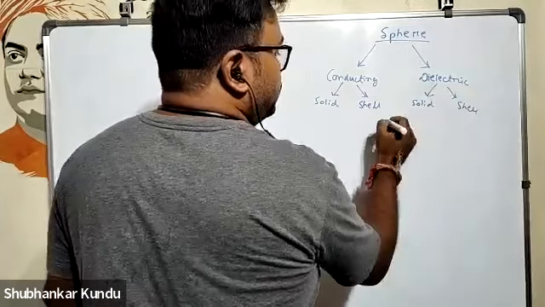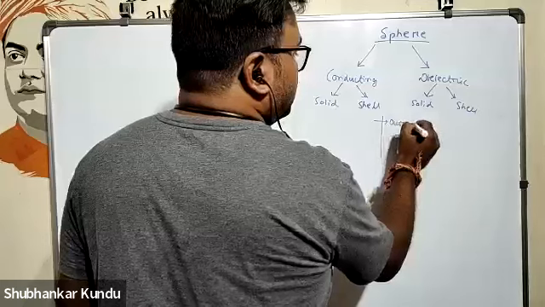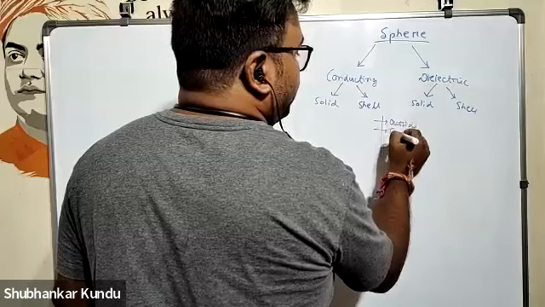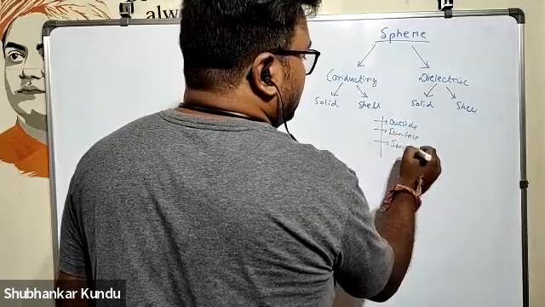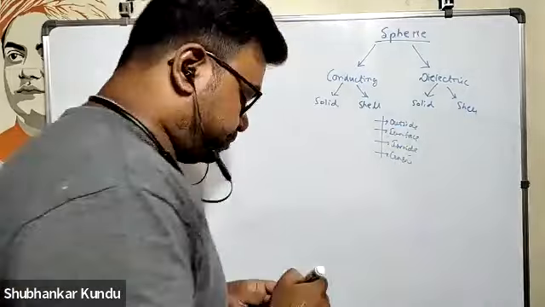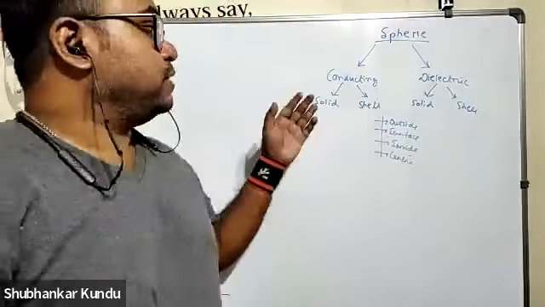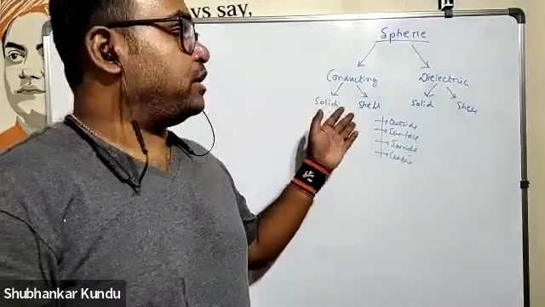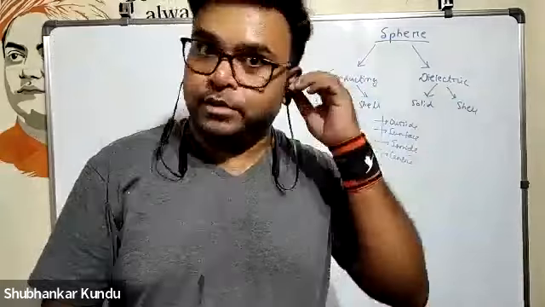In all those places, we'll be seeing outside, surface, inside, and center. Now we know that solid conducting sphere, conducting shell and dielectric shell cases are same to same.